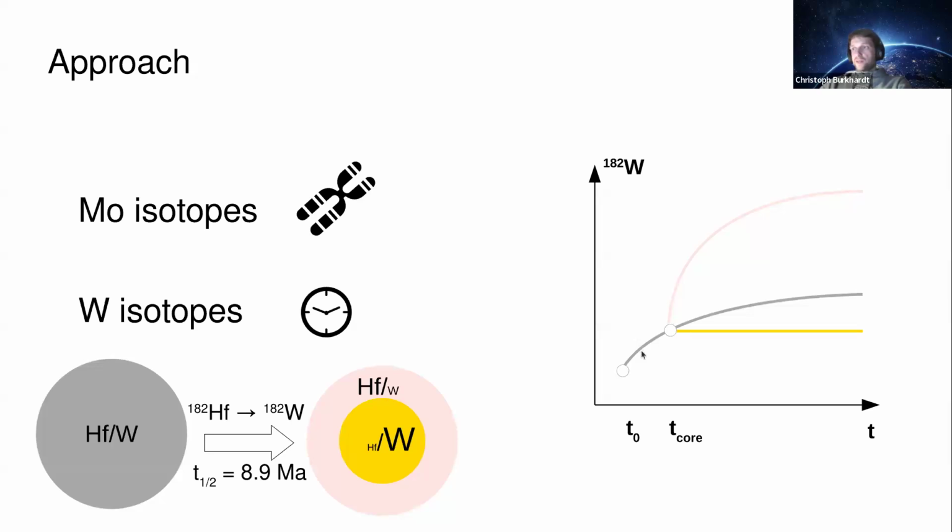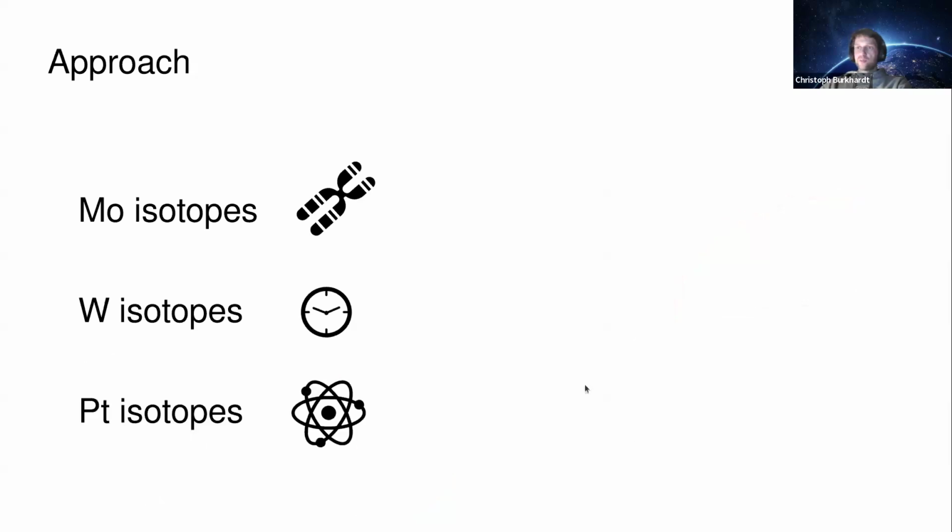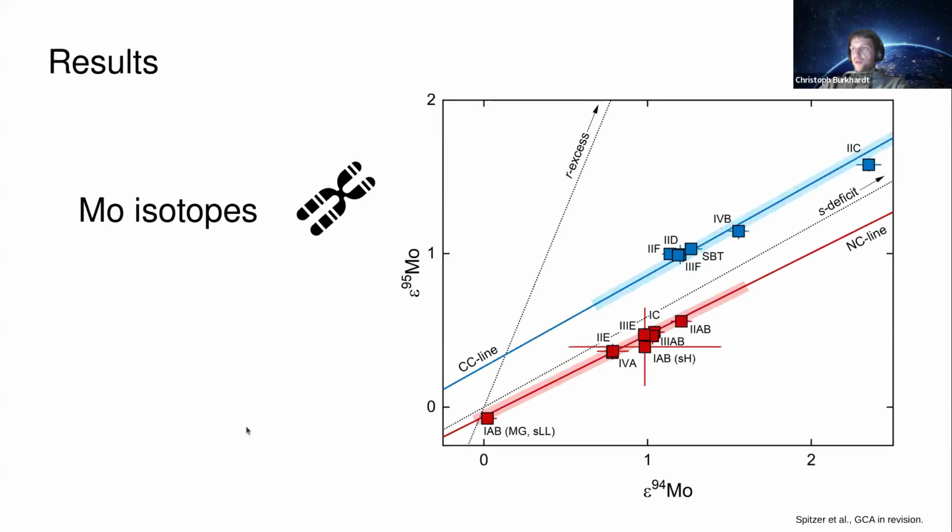The whole thing is a bit complicated by the fact that these meteorites often travel a long time in space, and therefore the isotopic composition is affected by irradiation effects. And we measured platinum isotopes as well to correct for these irradiation-induced isotope variations.